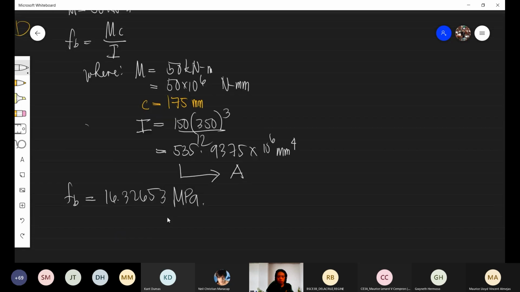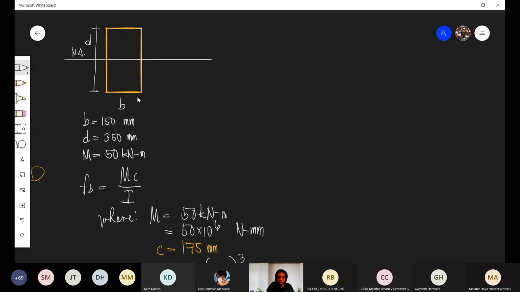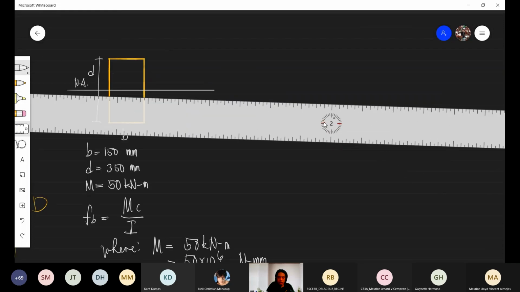So that's the value for FB. At the bottom, it will now be in tension. This is what we call the stress diagram.